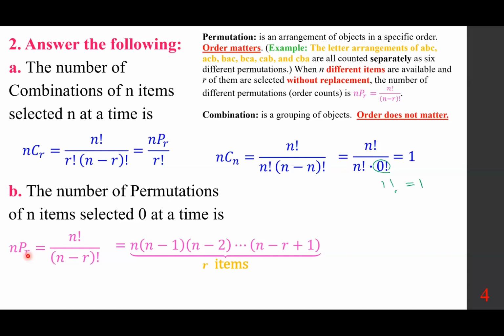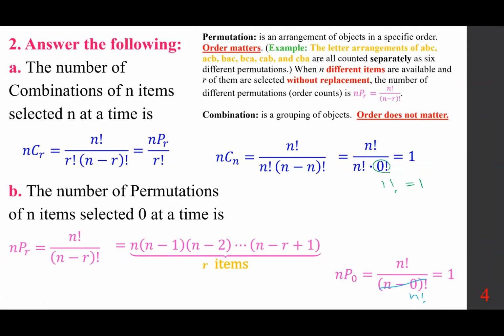So basically, that is the meaning of it, by the way. If it's r items, n times n minus 1 all the way to n minus r plus 1 items. And in this case, when you put 0 here, you get n factorial over n factorial, because n minus 0 is n. So this also becomes n factorial, and the answer is 1.